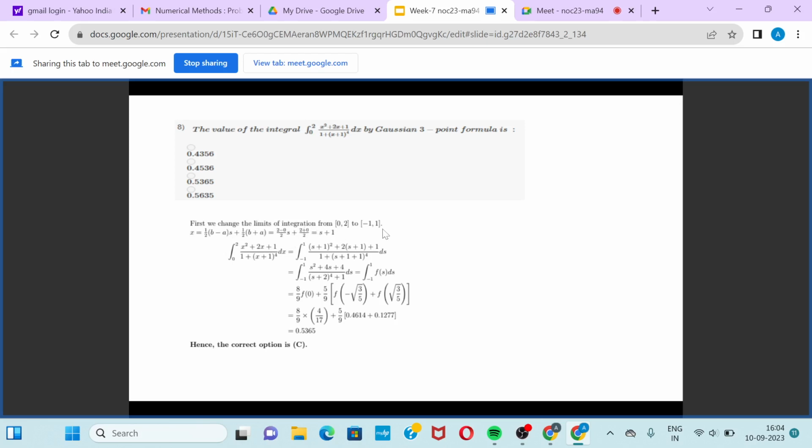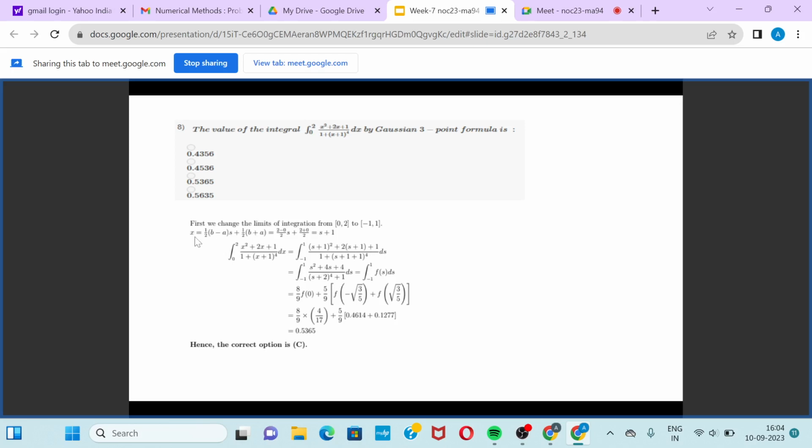Applying this, the limits of integration will change from 0 comma 2 to -1 comma 1. So this integral will be converted into -1 to 1, and in place of x you will write s plus 1. Here you will get (s plus 1) whole square plus 2 times (s plus 1) upon 1 plus (s plus 1) whole raised to power 4.